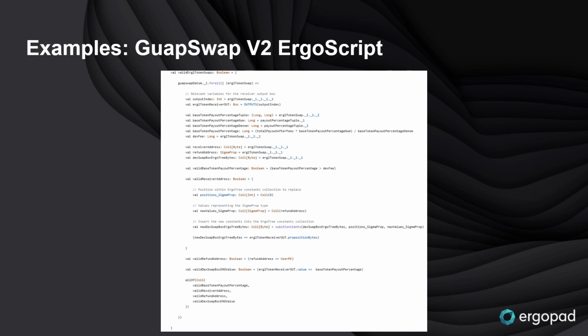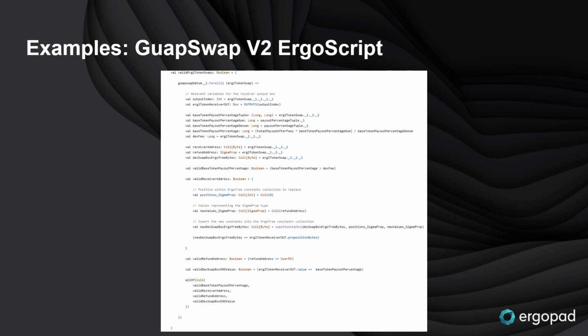So the important takeaway from this is not how GuapSwap works exactly, but how to write more complicated propositions, and then more advanced global methods that let you do more complicated things, like the substitute constants.